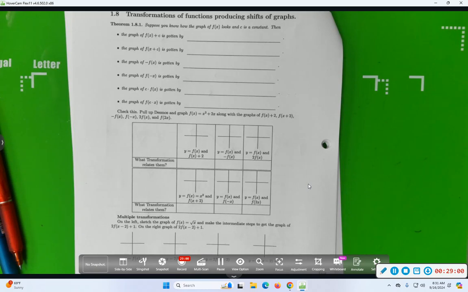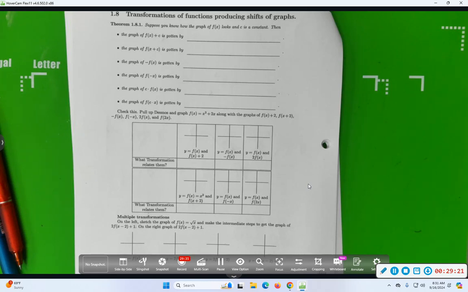You know what the graph of y equals absolute value looks like, so you can probably figure out the graph of this new function. That's going to be the goal of what we'll do right now.